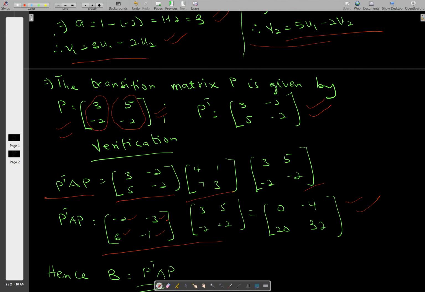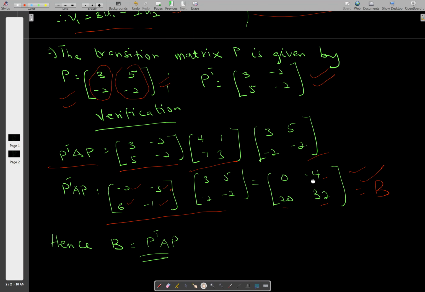Negative 10 plus 6, that's negative 4. 18 plus 2, that's 20. And 30 plus 2, that's 32. And this matrix is the same as B. Therefore we have verified that B is equal to P transpose AP.